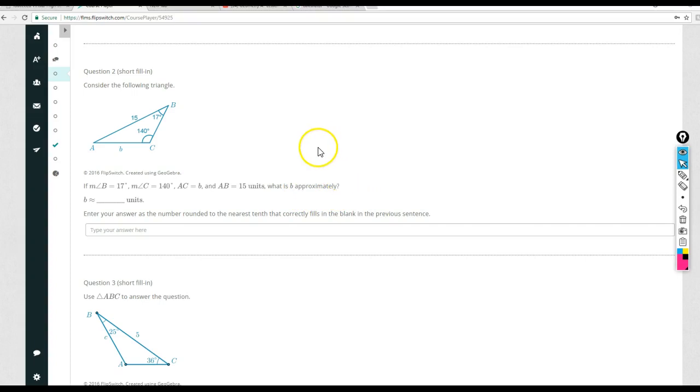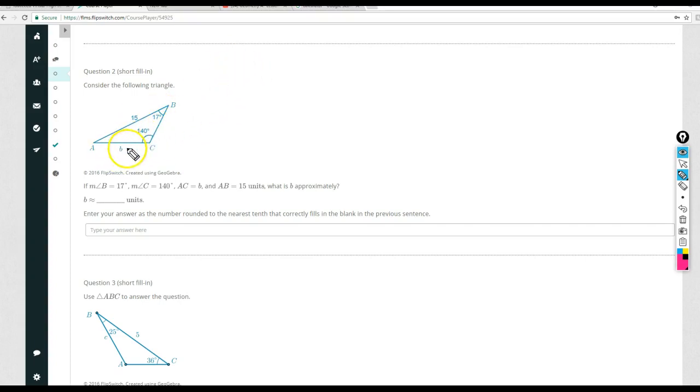So I'm thinking to myself, is this going to be the law of sines or is it going to be the law of cosines? And how I can tell the difference between them is, for law of sines, I will be given two angles and one side, or two sides and one angle. And since we have two angles and one side that is given, and I'm looking for the other side length, I can set up that ratio.